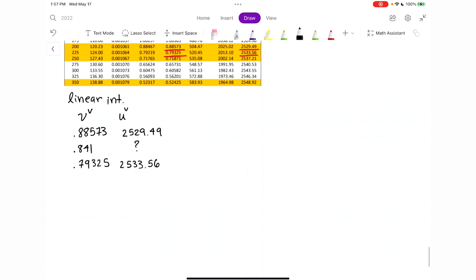The formula I use is the following. Y2 is equal to X2 minus X1 times Y3 minus Y1 divided by X3 minus X1, all of this plus Y1.